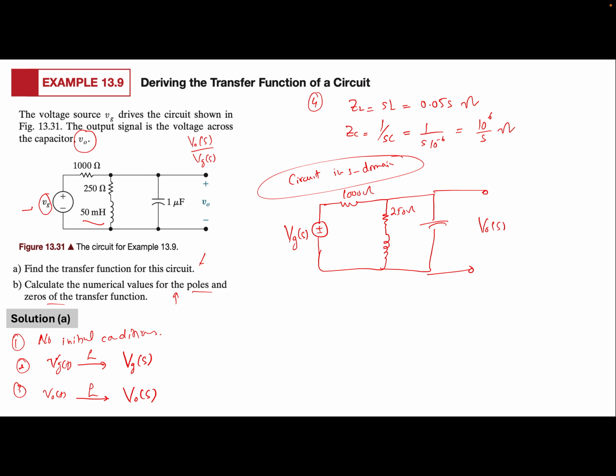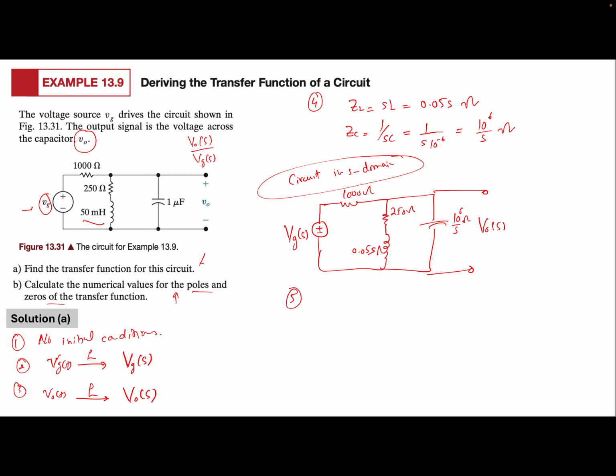The capacitor is replaced by its impedance, 10 to the 6 over S ohms, and the inductance is 0.05 S, also in units of ohms, right? So I ended up finding the circuit over here in the S domain, right?